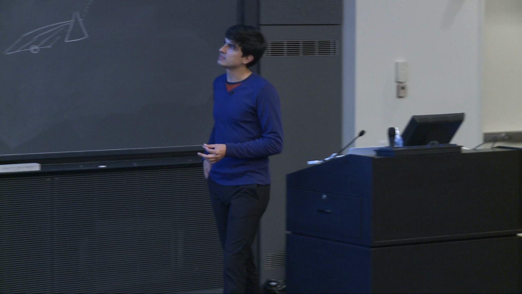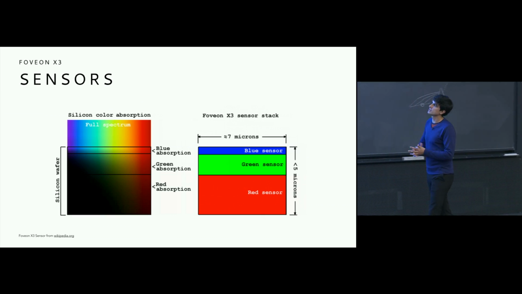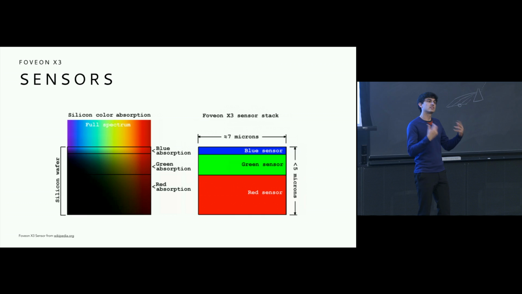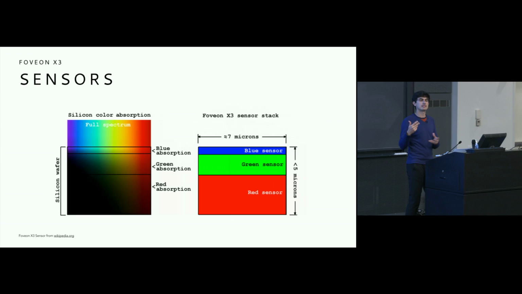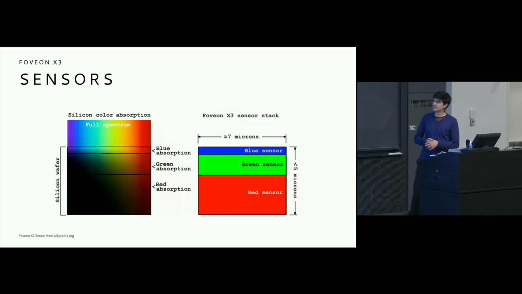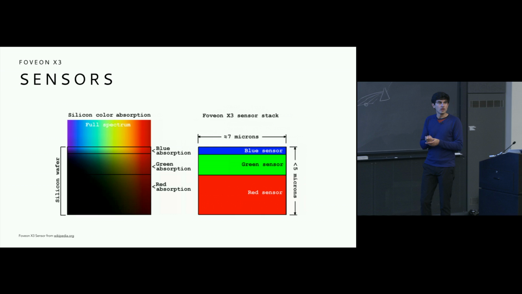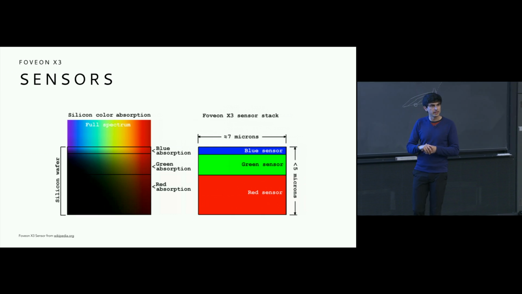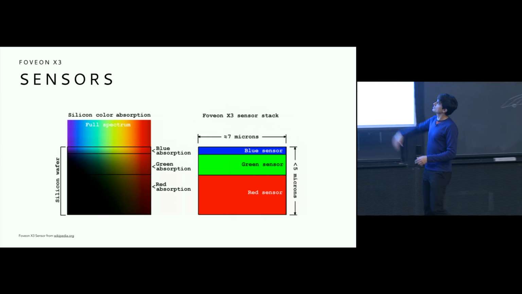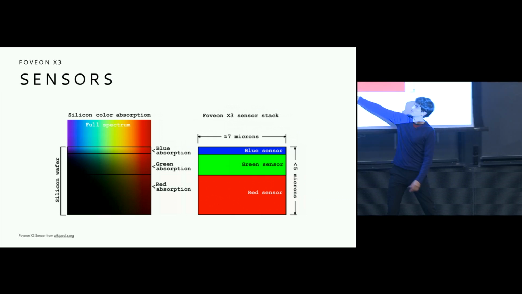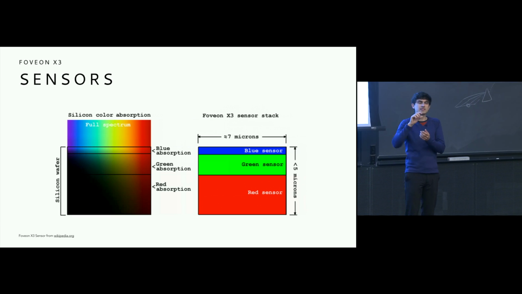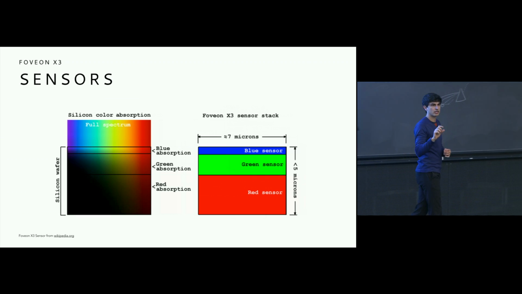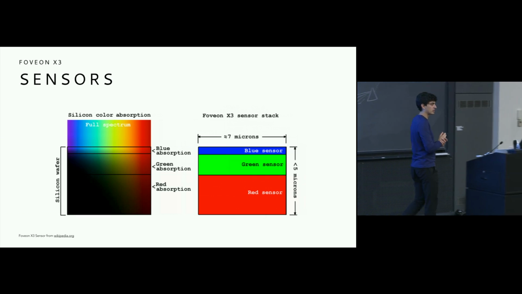So in this particular case, it uses properties of silicon, and in fact, the way that silicon actually absorbs color frequencies as light shines through its depths, to try to figure out precisely at every individual pixel what the color is at that one pixel location. So imagine that we are looking at a sensor from the side. So this is an individual pixel, but we're looking at it from the side, and it's made out of silicon that has certain depth. And this is still measured in microns. This is a very, very small amount of depth.